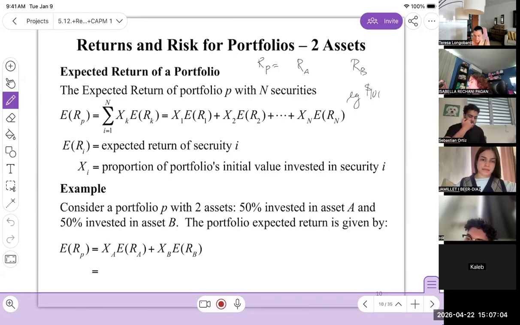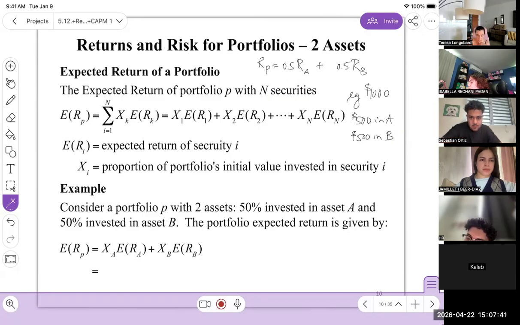I'm going to spend $1,000 and put 500 invested in A and 500 into B. So what I care about is that I'm going to put 50% into A and 50% into B to get a new return.